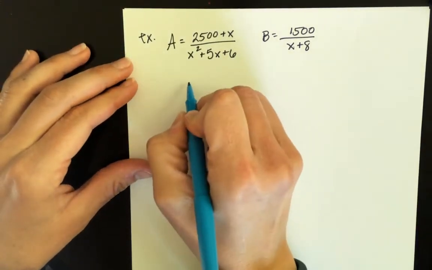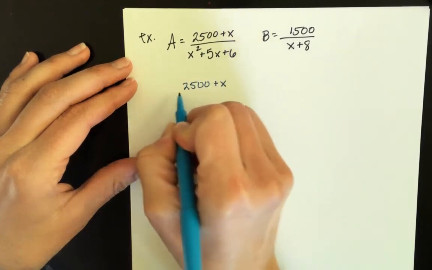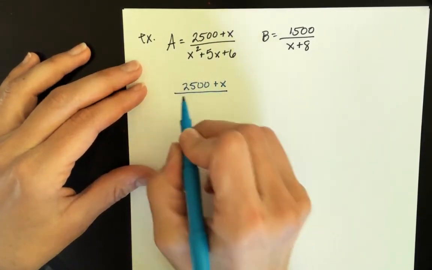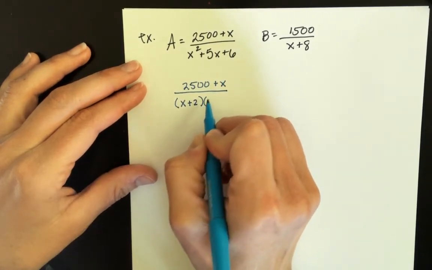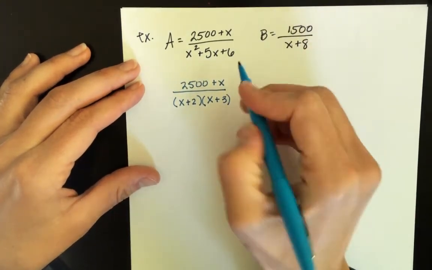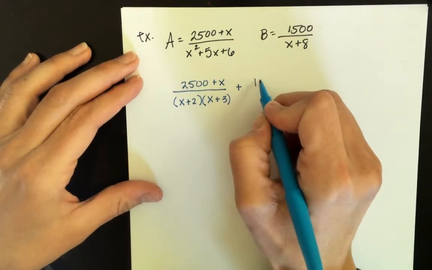So we're going to take this 2,500 plus X, and in the denominator, I'm going to factor this right away. That way what I'm looking at is each individual factor, so I know when I look for a common denominator that I do have everything I'm supposed to.